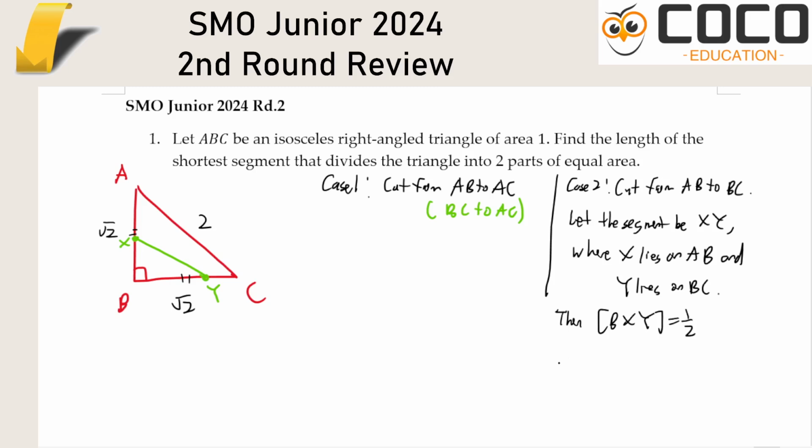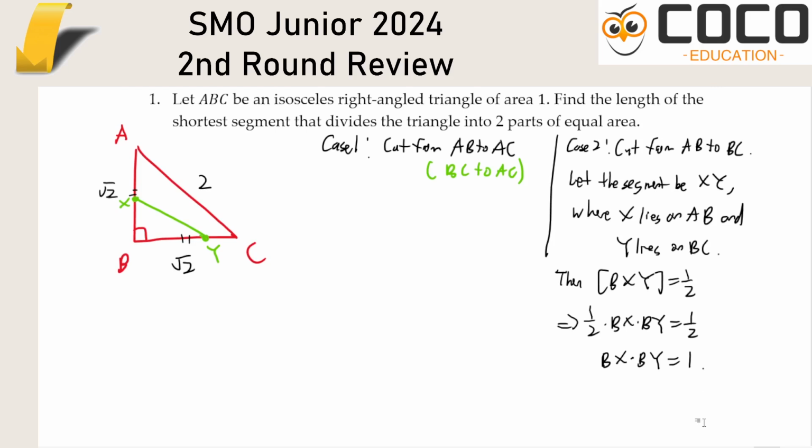This one's easier because it's a right angled triangle. So I straight away know what is supposed to happen, which is that BX times BY is 1. This is nice because XY can also easily be written in terms of BX and BY, using Pythagoras.